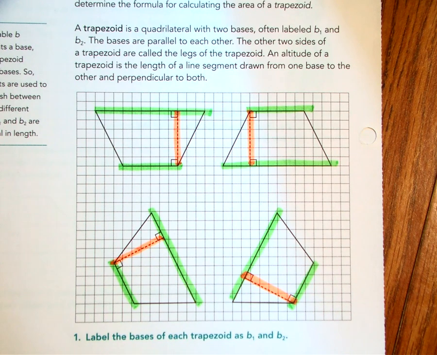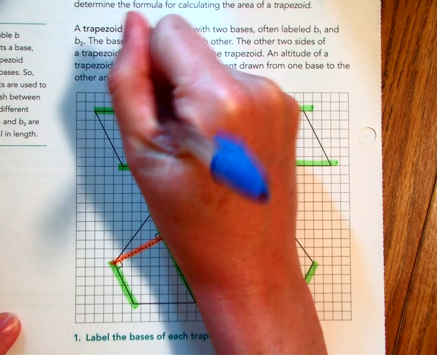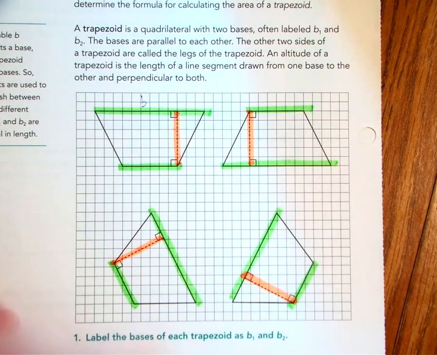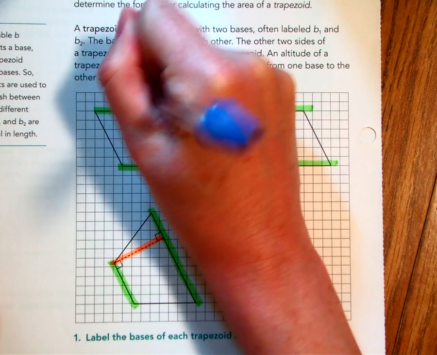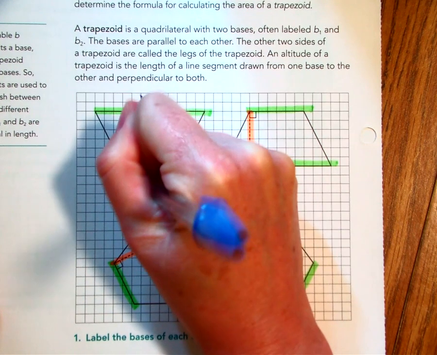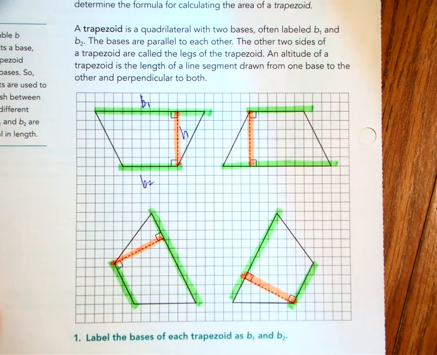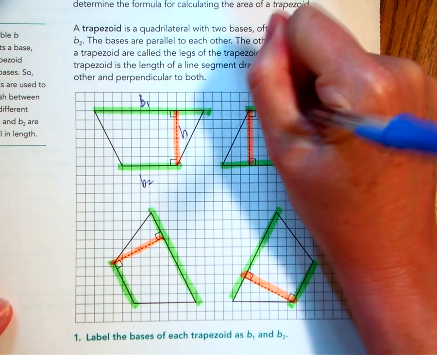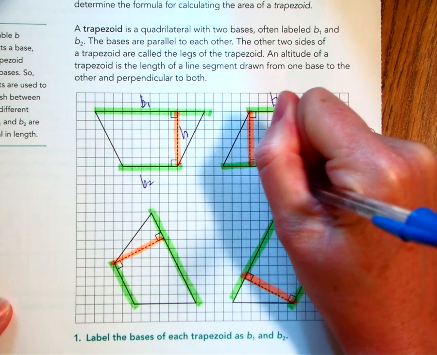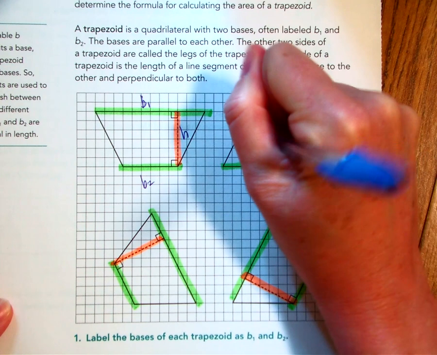Now, if I were to calculate the area, it would be super helpful to give some kind of identification of who the bases are. Again, order really doesn't matter. I could call this one base 1, this one base 2, and call this height.